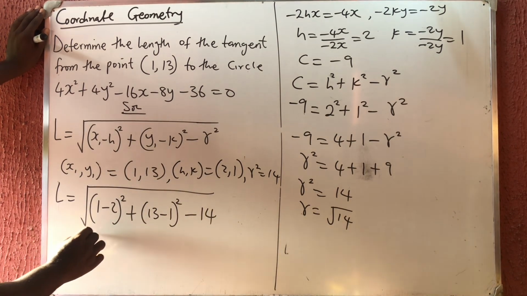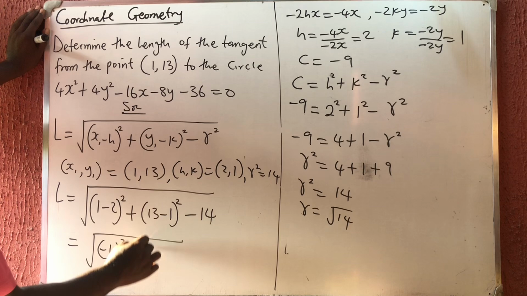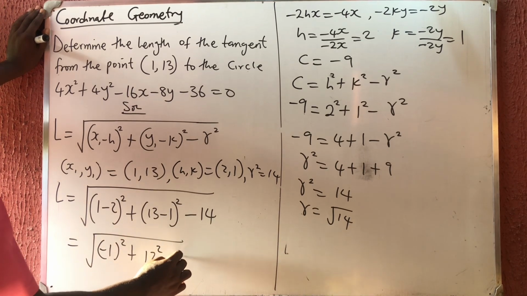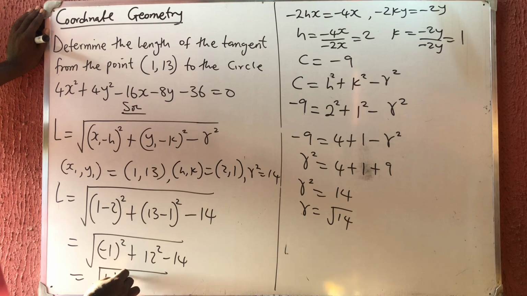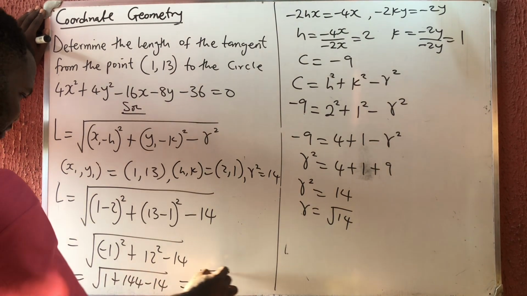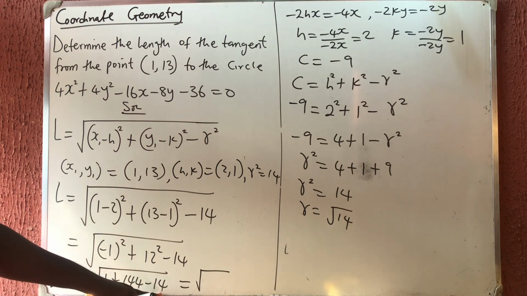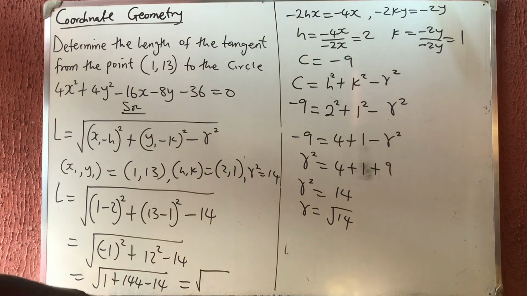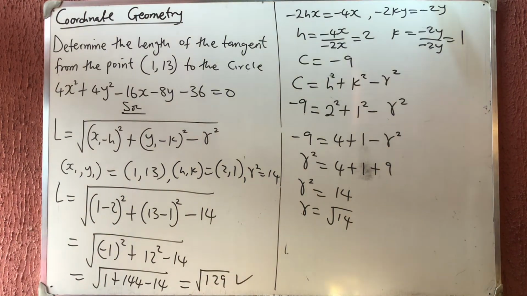So this is the square root of minus 1 all squared plus 12 squared, then minus 14. So this is the square root of 1 plus 144, then minus 14, which is the square root of 130, so 129. So that is the length of the tangent.